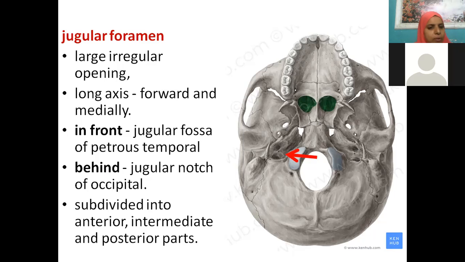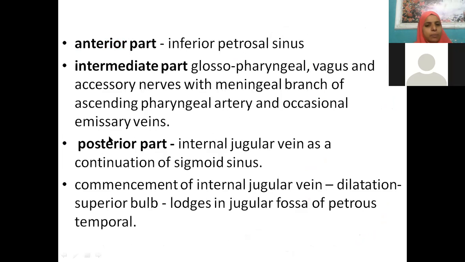In the jugular foramen, you see in front we have the jugular fossa of the petrous part of the temporal bone. Behind we have the jugular notch, which is seen in the occipital bone. So it is divided into anterior, intermediate, and posterior parts. The anterior part gives passage to the inferior petrosal sinus.